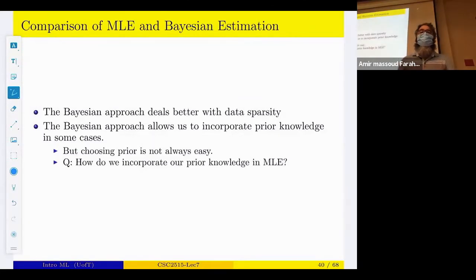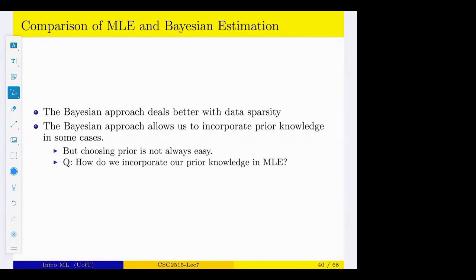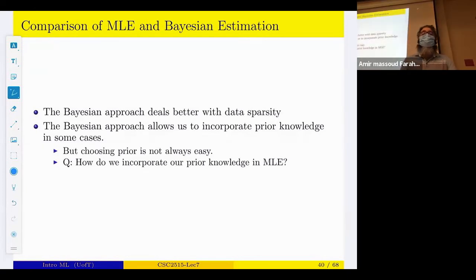The Bayesian approach usually deals better with data sparsity, when we don't have enough data, compared to MLE. The Bayesian approach allows us to incorporate prior knowledge in some cases, but the choice of prior is not always easy. In this case, we could encode it in the form of a beta distribution.